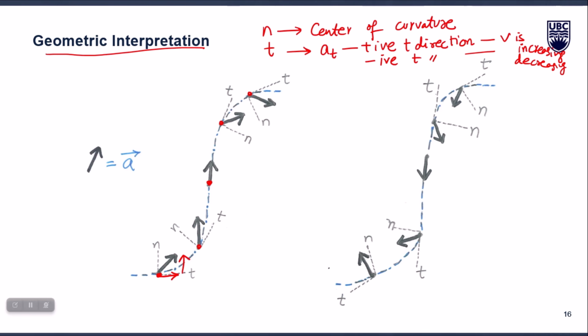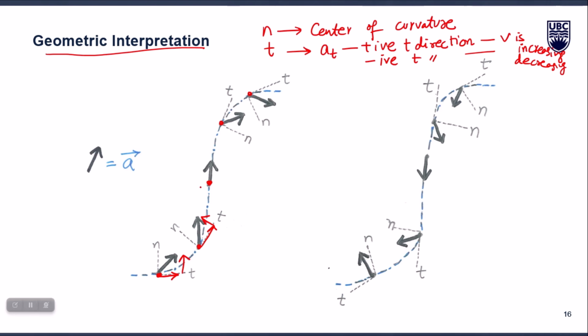Similarly, the particle moves to the next point, and again I can take a tangent to the path and a normal to the path and write this acceleration vector as a sum of these two vectors, one along t, one along n, right? n is again towards the center of curvature, but t is also again positive. And here this is the point of inflection.